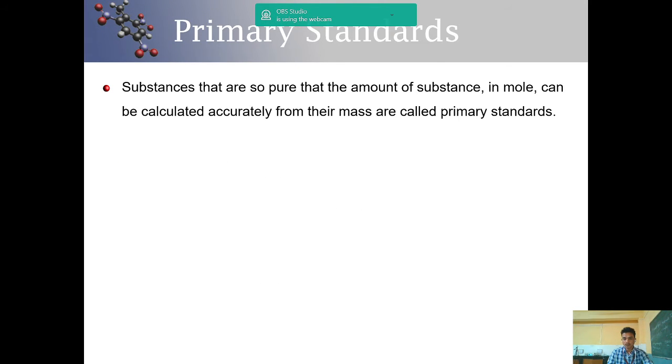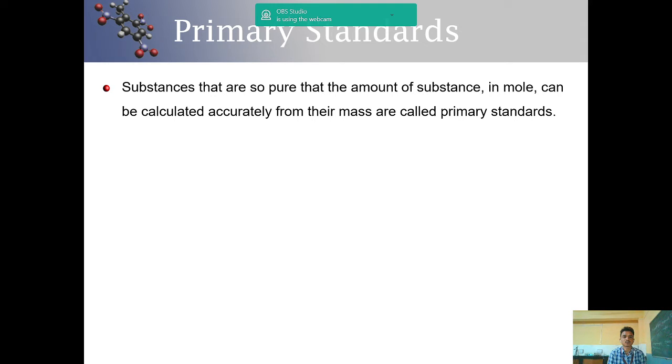Okay, so the question is: what is a primary standard substance? The definition is in front of you. Primary substances are so pure, that means they exist in a pure form. The substances that are so pure that the amount of substance in millimoles or moles can be calculated accurately from their mass are called primary standards. These calculations are required for volumetric analysis.